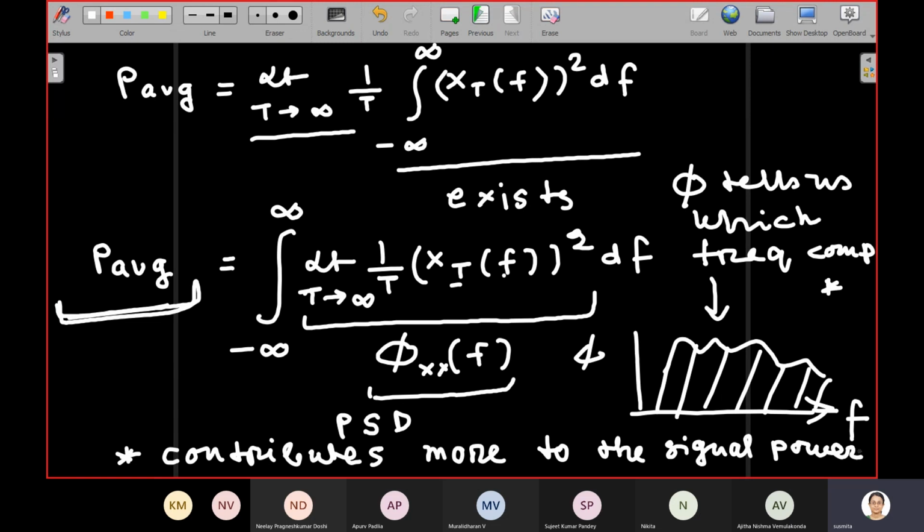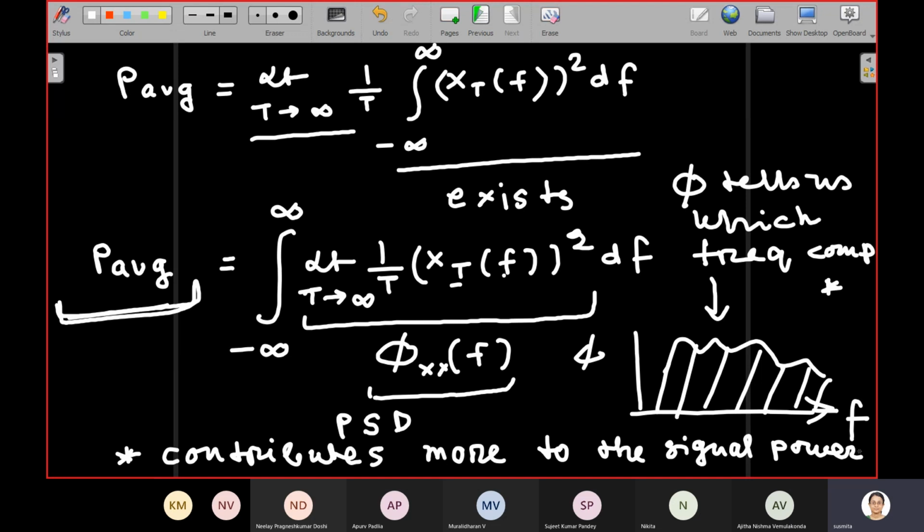Okay. Now, for any realistic signal, the power has to be finite. Energy can be infinite, as we had seen for periodic signals. Energy is infinite, but it has a finite power. So, for all realistic signals, power has to be finite.